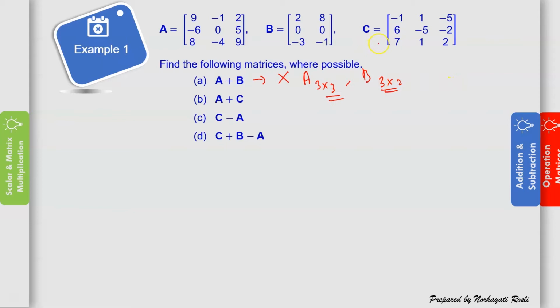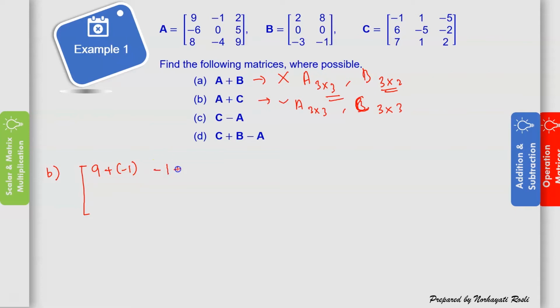For A plus C, yes, it is possible to add these two matrices, because A is 3 times 3 and C also 3 times 3. So how to add these matrices? We will have 9 plus negative 1. Means that we just add the elements at the same row and same column.